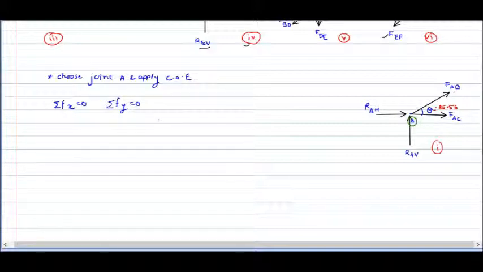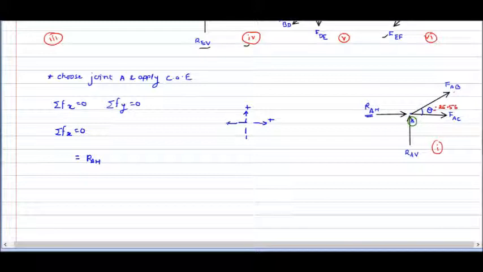Now we can use this first condition, and from it we can get this answer. Sum of all forces in x direction is equal to 0. According to the sign convention, we take all forces acting along the positive direction of the x-axis as positive, and all forces acting along the positive direction of y as positive.